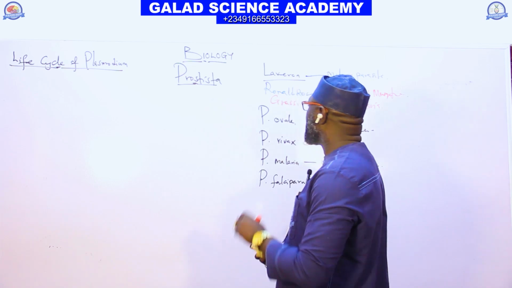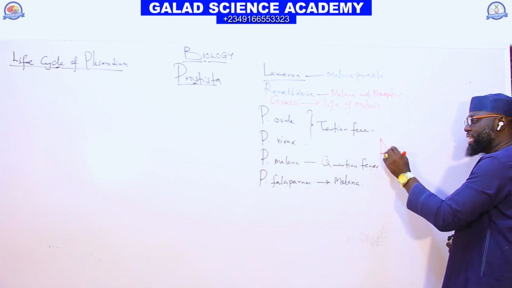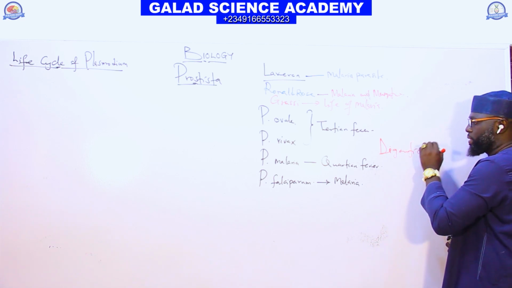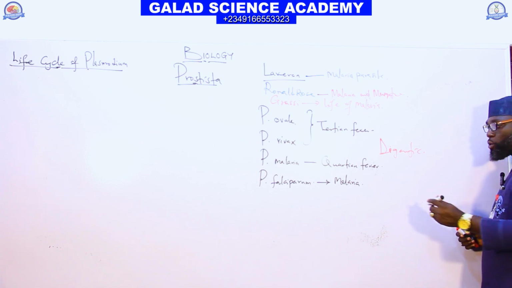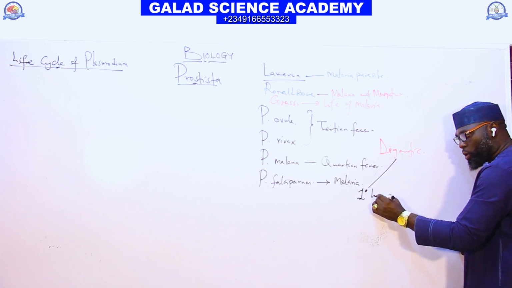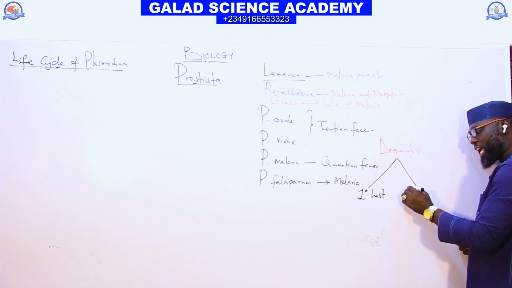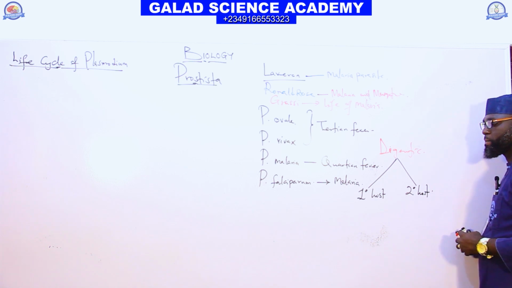If you look at it, the malaria parasite is digenetic, that is, its life cycle is completed in 2 hosts. You have a primary host and a secondary host.